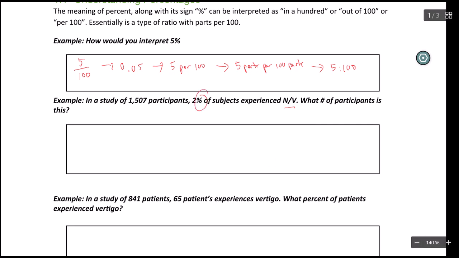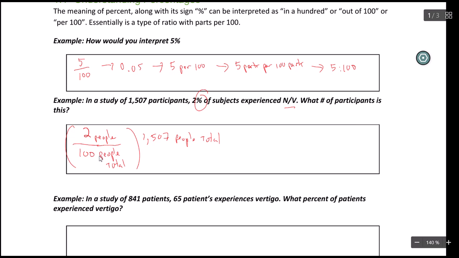Well, we take 2%. Anytime you see a percent, you're always going to put it over 100. This is 2 people experience nausea and vomiting out of 100 people total in the study. So if 2 people out of 100 experience nausea, how many people would that be if you had 1,507 people total? 2% means there's 2 people every single time you had 100.